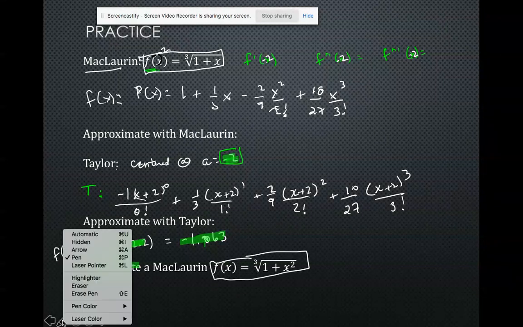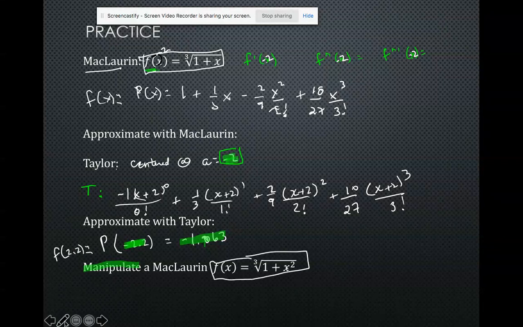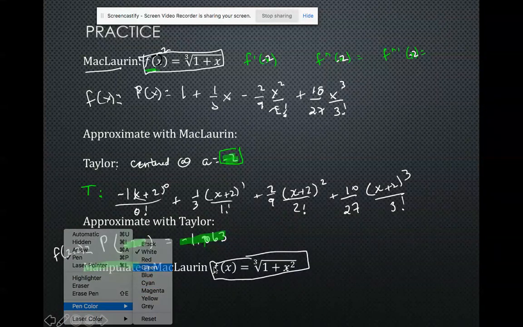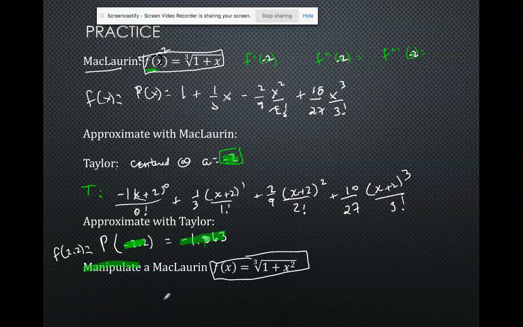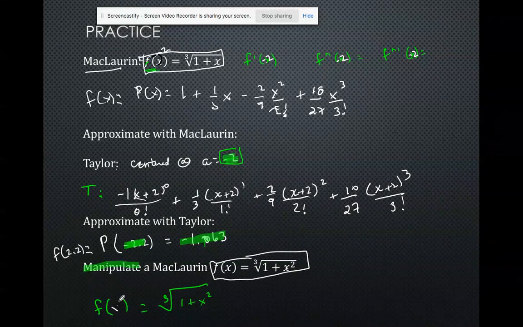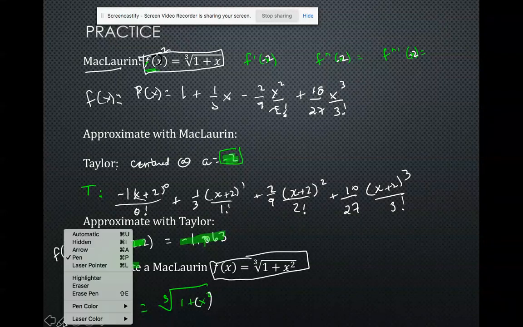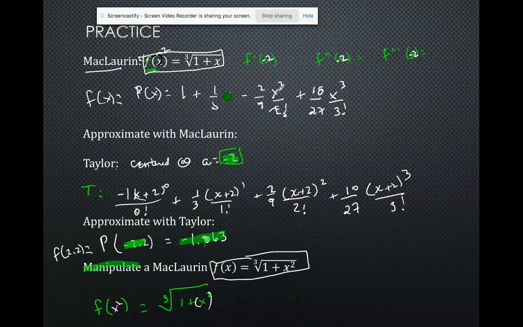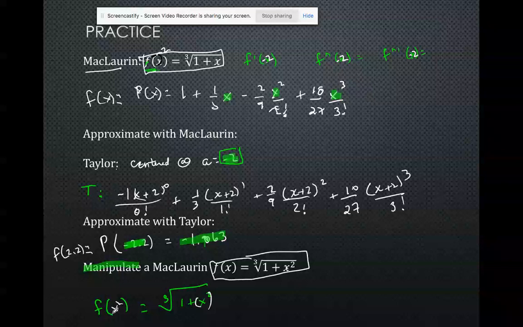Recognize that this is the cube root of 1 plus x squared, which is the same as this f. I probably should have named this a different value. This is just f of input x squared, right? Just input x squared into there. So all you have to do is go to each one of your x's and compose an x squared in there.